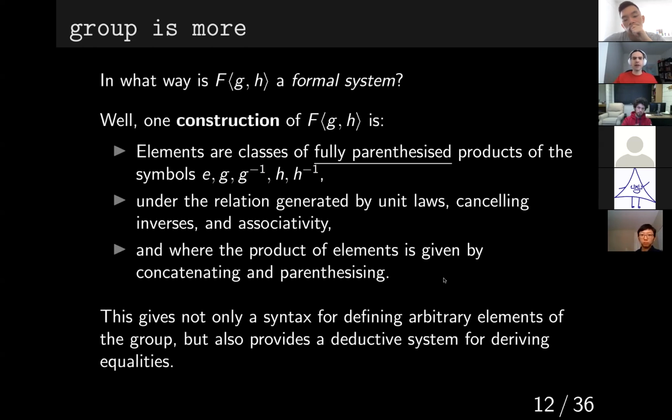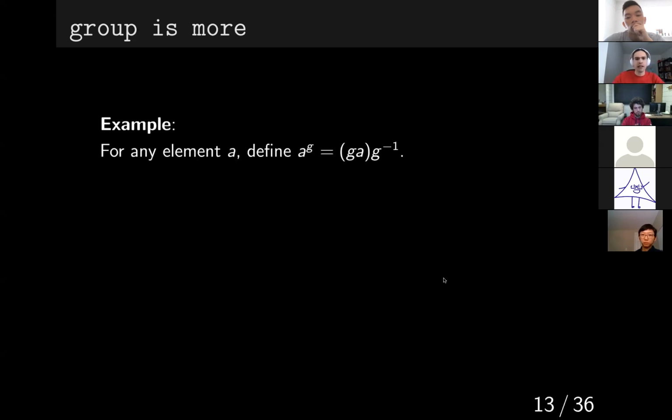And notice that this definition doesn't just give a construction of a group. What it actually gives is a syntax for writing arguments about this group, and a deductive system for deriving equalities. So to give an example, let's say I define conjugation by G, which is one of the generators, to be this expression.